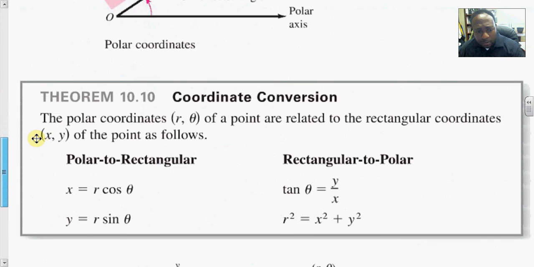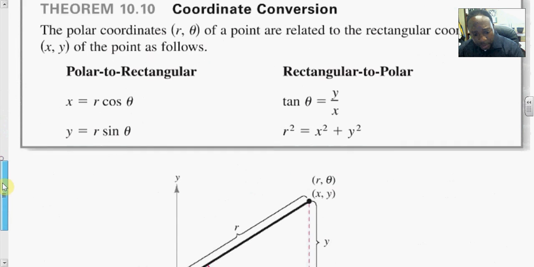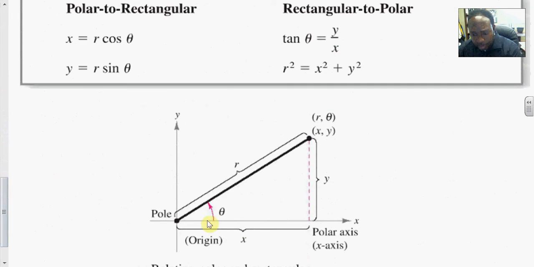So we want to go from x comma y to the polar coordinate r comma theta, where if you look at the right triangle here, theta, then x and y, x being the adjacent and y being the opposite. Here the resultant is r.